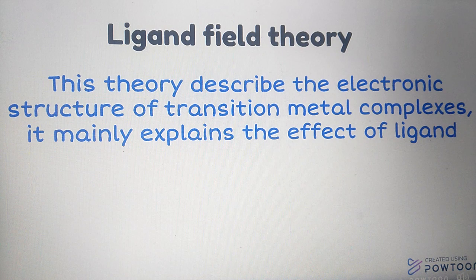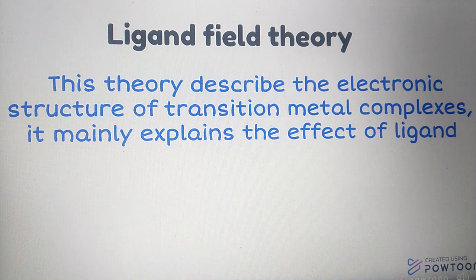Crystal field theory explains the electrostatic attraction in a transition metal complex, but ligand field theory explains both characters, that is, ionic character as well as covalent character of transition metal complexes.